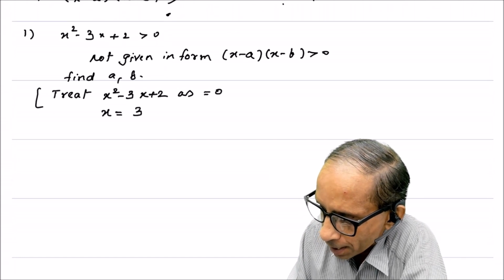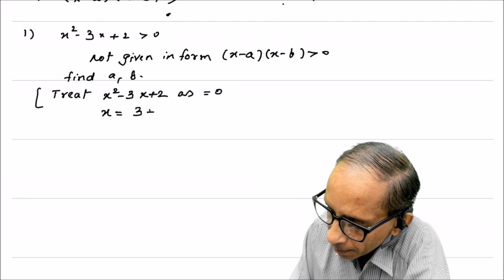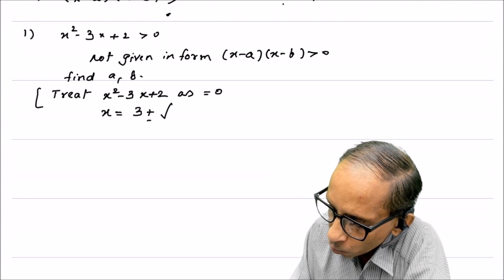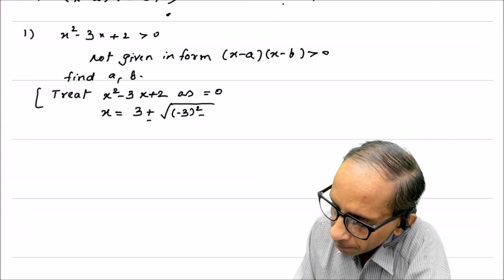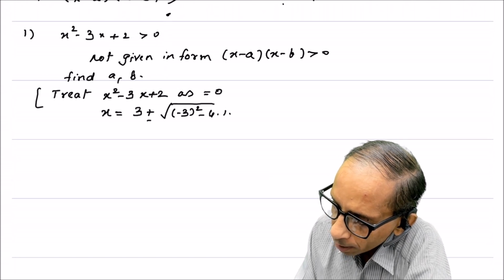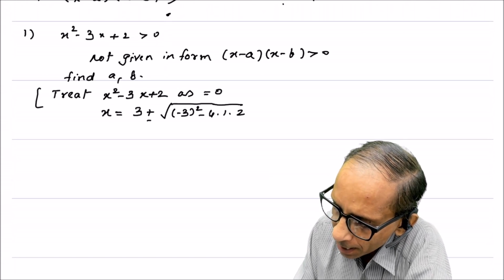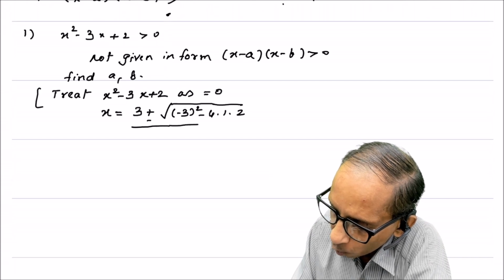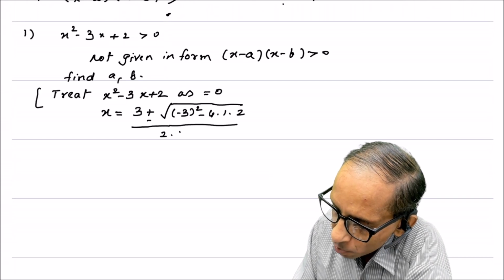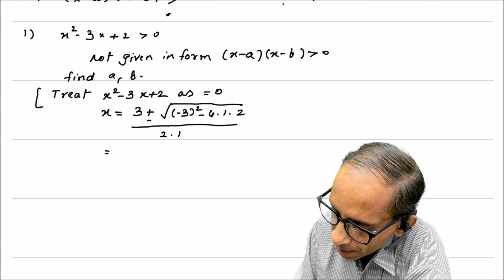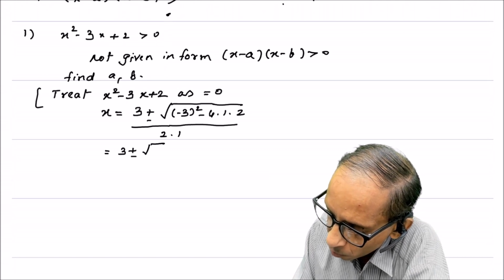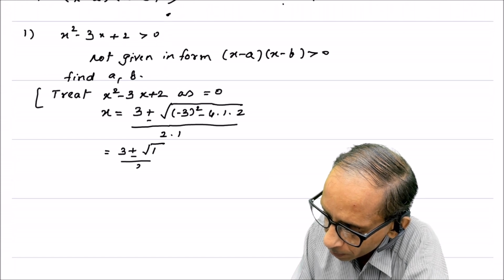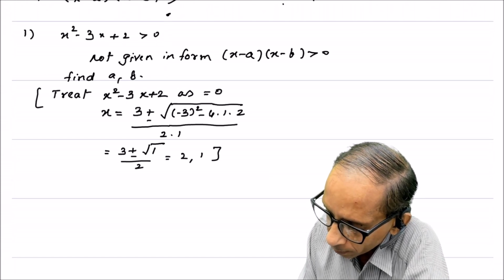What you see is minus b plus or minus root b square minus 4ac upon 2 times of a gives us the values as 3 plus minus root of 1 by 2, that is 2 and 1.